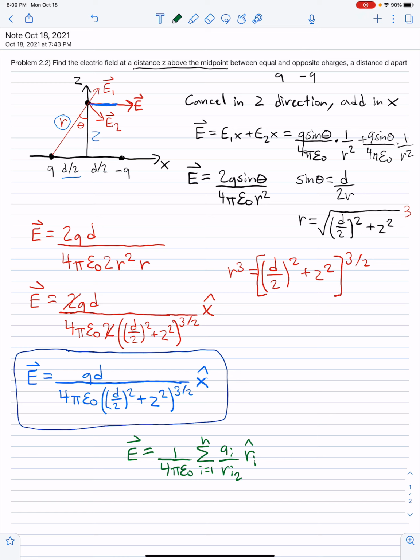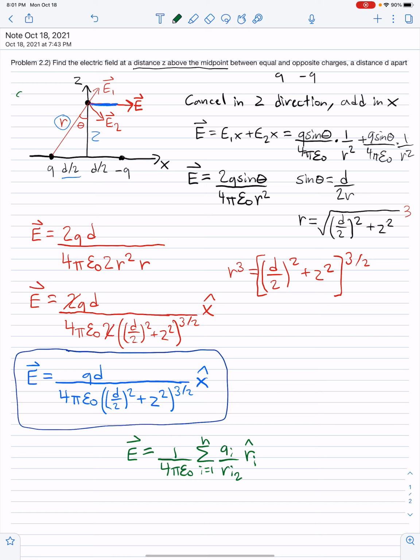I just wanted to show that because right here, that's how we got that form over there. So we have our 1 over 4 pi epsilon naught, then we have our q, and then we have the r squared.